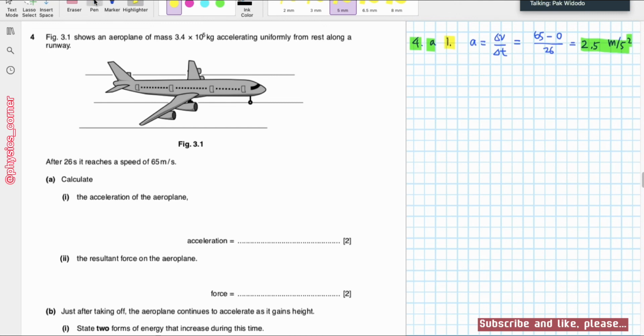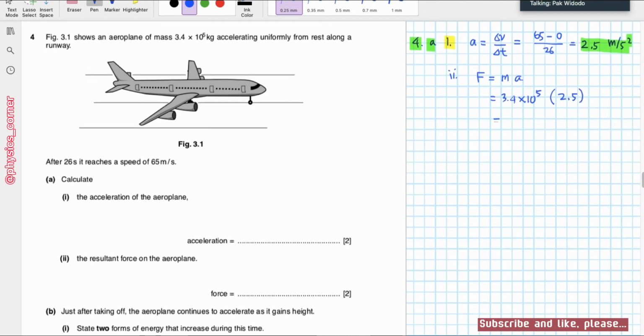Still A question, and then question I, the resultant force on the airplane. Resultant force equals ma. They have mass 3.4 times 10 to the power 5 kilograms, and then times acceleration 2.5.